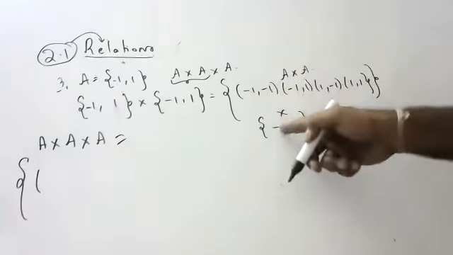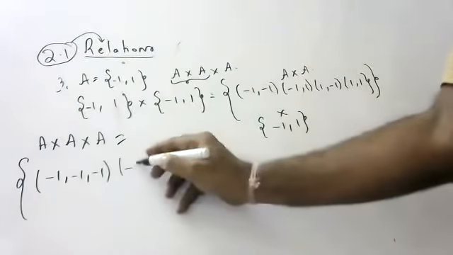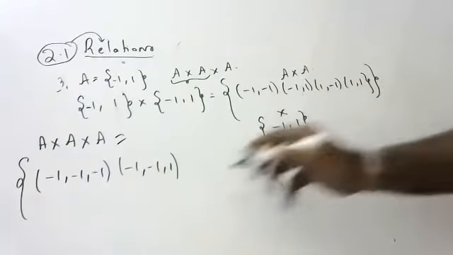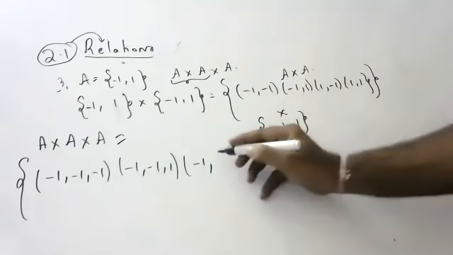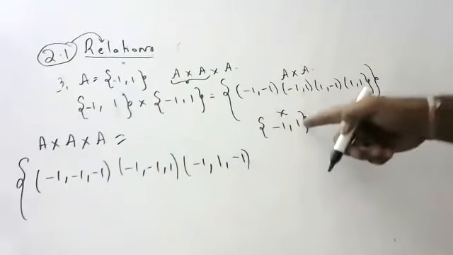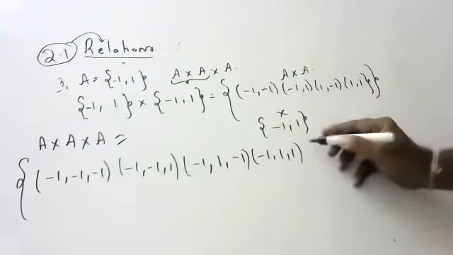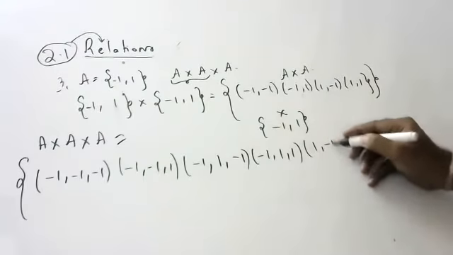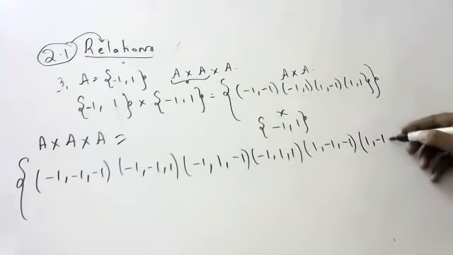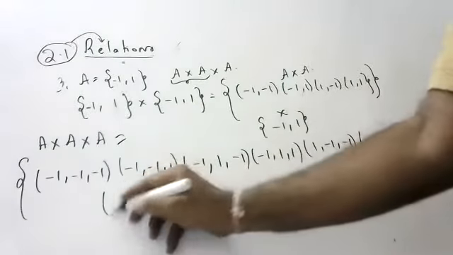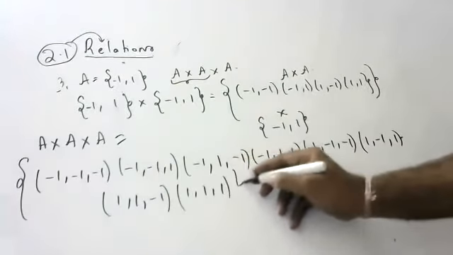First one, this with this: (-1,-1,-1), (-1,-1,1), (-1,1,-1), (-1,1,1), (1,-1,-1), (1,-1,1), (1,1,-1), and finally (1,1,1). This is the answer.